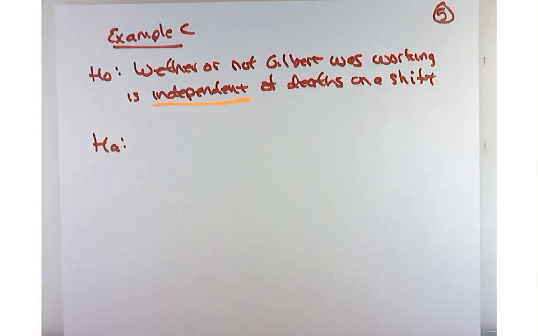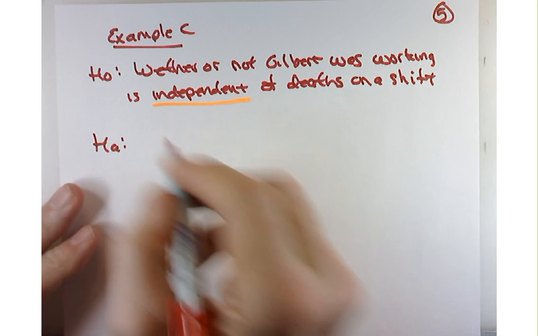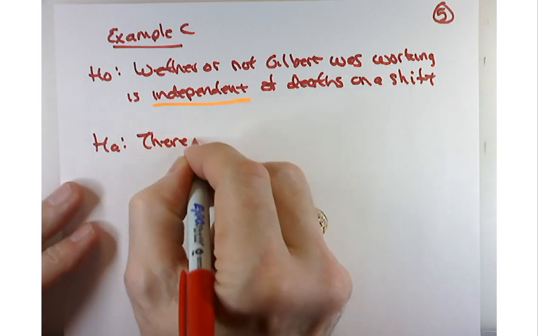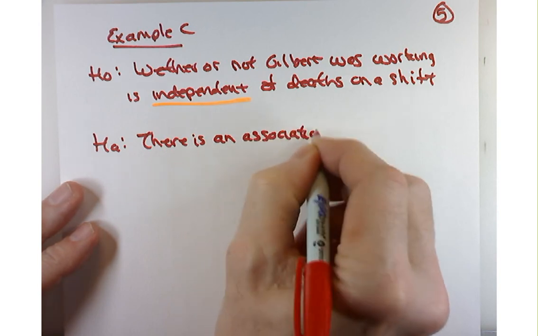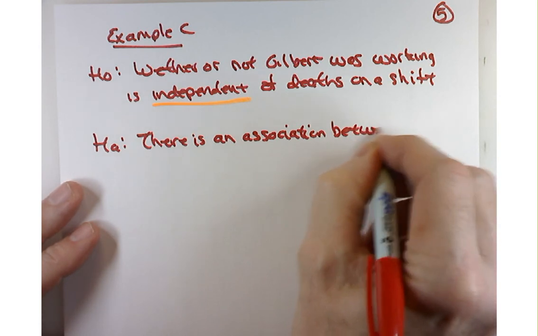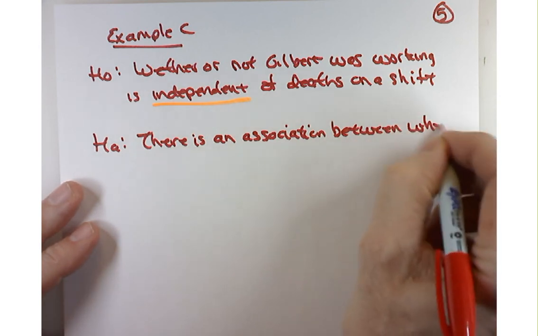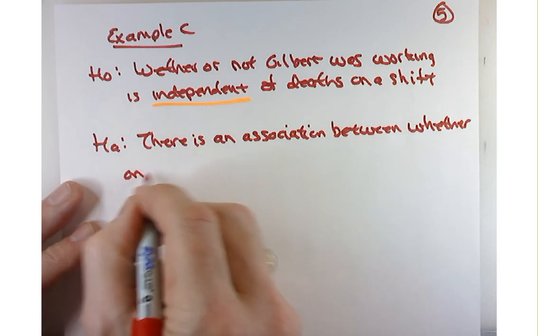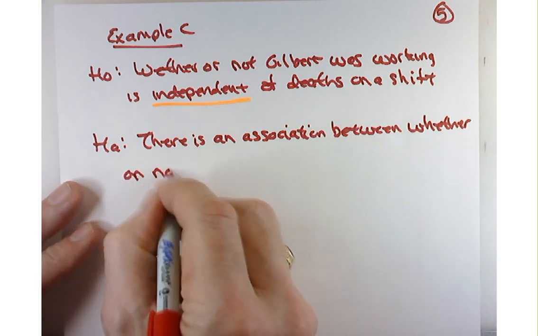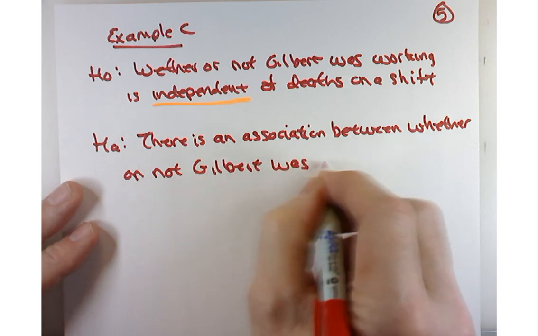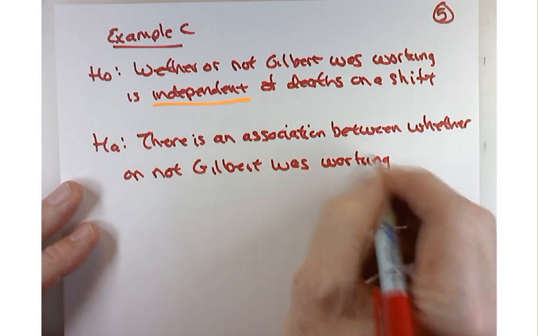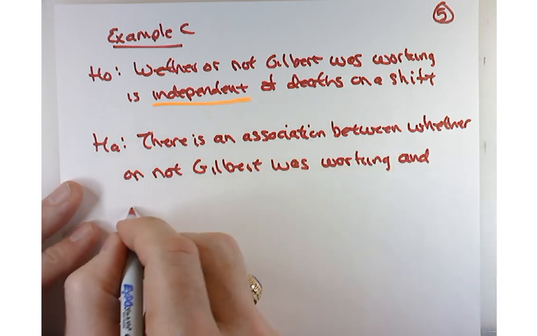The alternative hypothesis is going to be there's an association between whether or not Gilbert was working and deaths on a shift. There is an association between whether or not Gilbert was working and deaths on a shift.